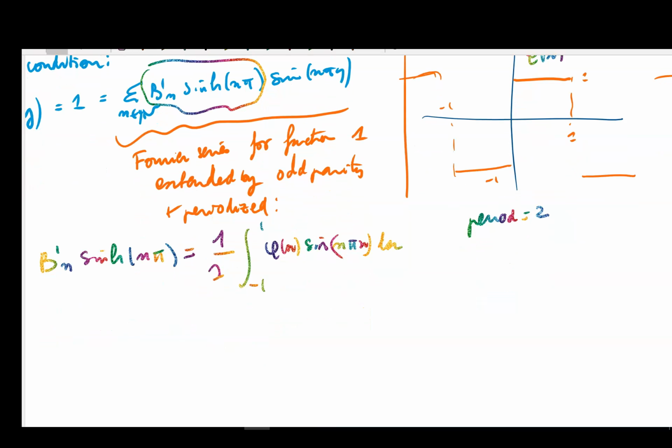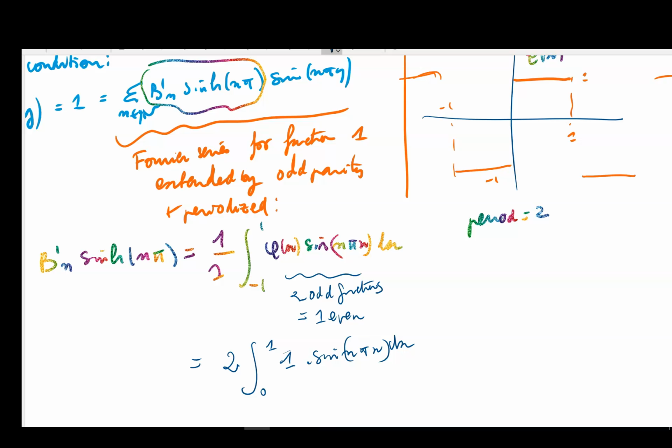You should get the habit now of getting a bit faster on that side, saying that these are two odd functions, so their product is one even function, so that I can write this as 2 times the integral between 0 and 1 of phi of x, which is 1, times sine n pi x dx.